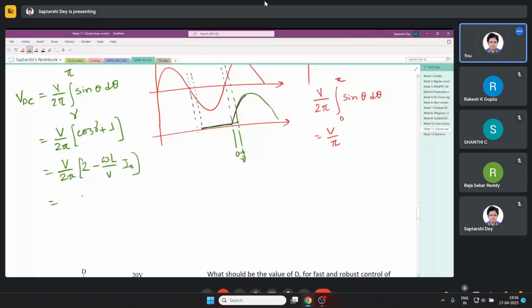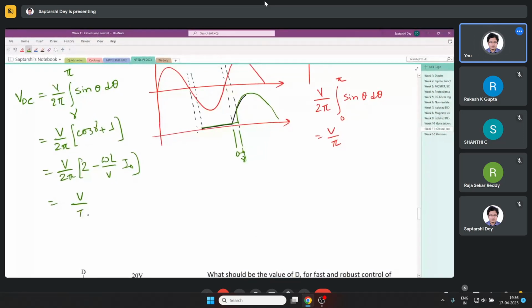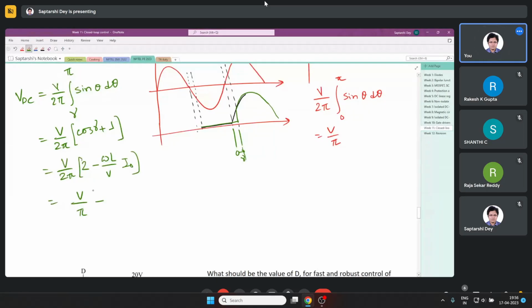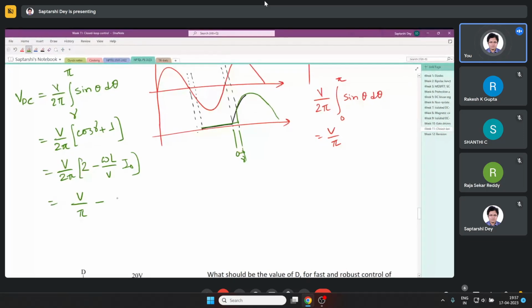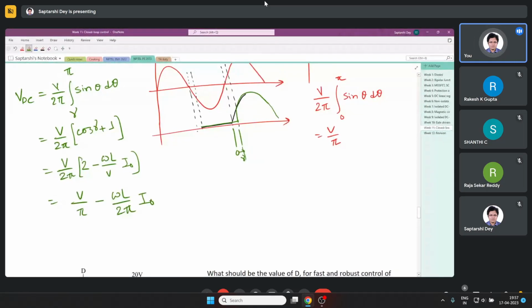So it is V by pi minus omega L by 2 pi times I naught. I have to check the dimensions once. Omega L is resistance. Resistance times current is voltage. Yes, dimensions are matching.